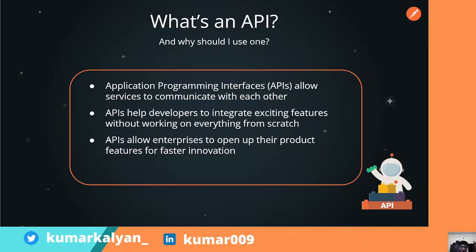That's about how APIs help developers integrate existing features without working on everything from scratch. These are very simple terms. Suppose you want to build an application, maybe for your startup or your school project, and you want to add an authentication feature.